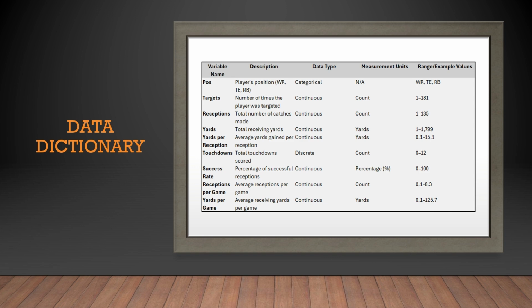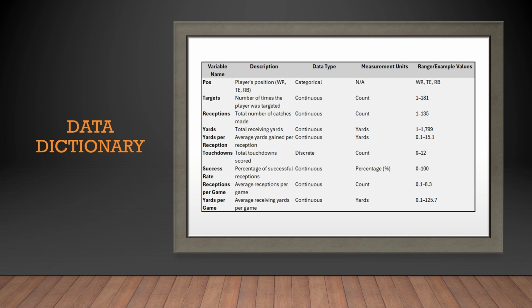Variables like targets, receptions, and yards are continuous and measured in counts or yards. For example, targets range from 1 to 181, while receptions range from 1 to 135. Metrics such as yards per reception and yards per game help measure performance efficiency and are continuous with specific ranges shown here.